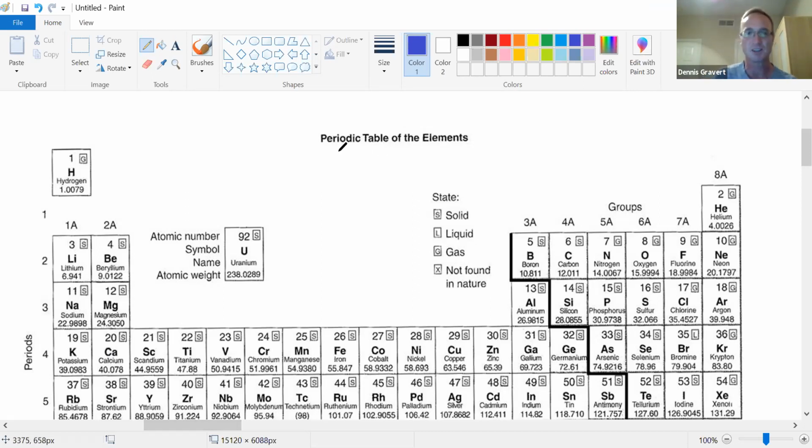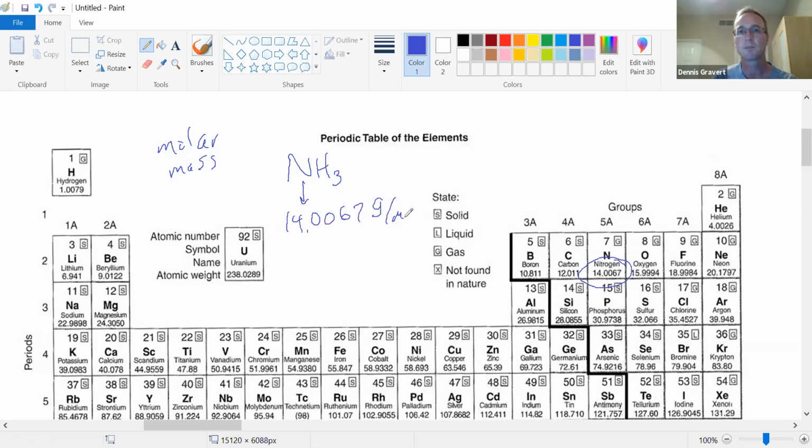So what are we trying to do? Trying to find the molar mass of NH3. And so it's got one nitrogen. And so the weight of nitrogen is 14.0067 grams per mole. Meaning if you have Avogadro's number of nitrogen atoms, they will weigh 14.0067 grams. That's the power of Avogadro's number in the periodic table.